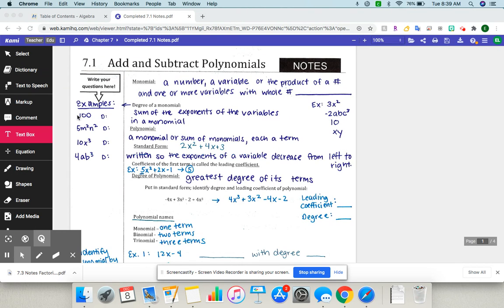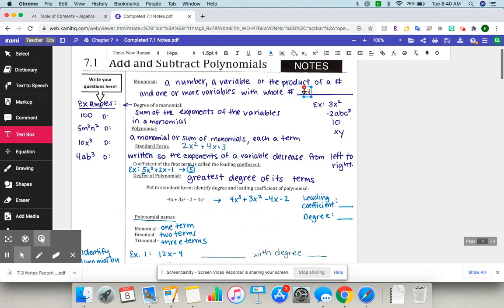So you'll see at the very top, one type of polynomial is called a monomial. This is simply a number, a variable, or the product of a number and one or more variables with whole number exponents.